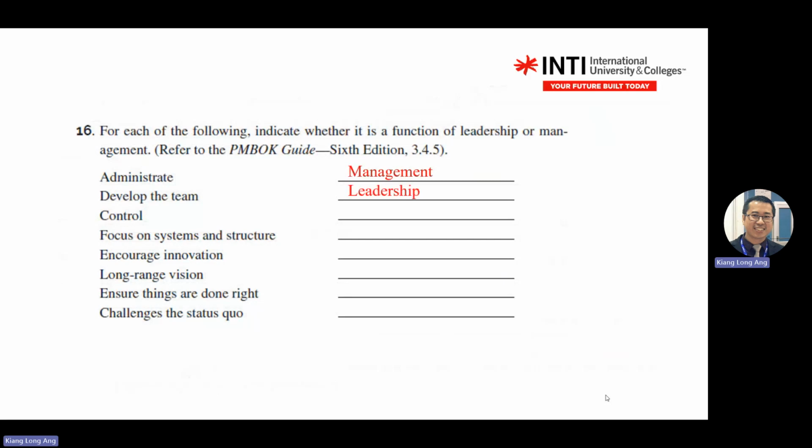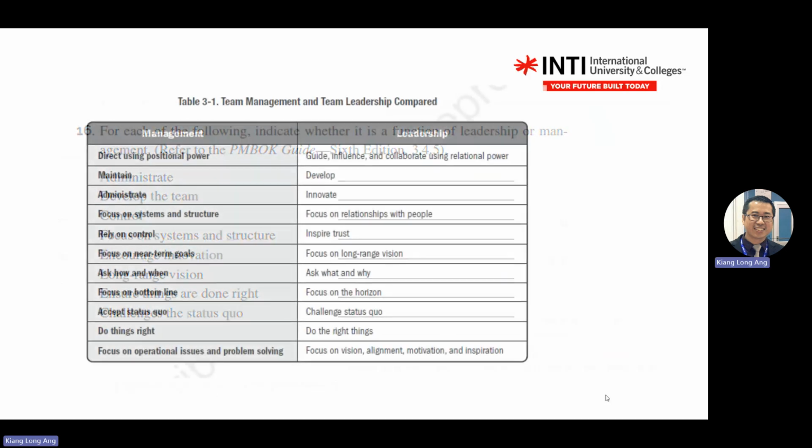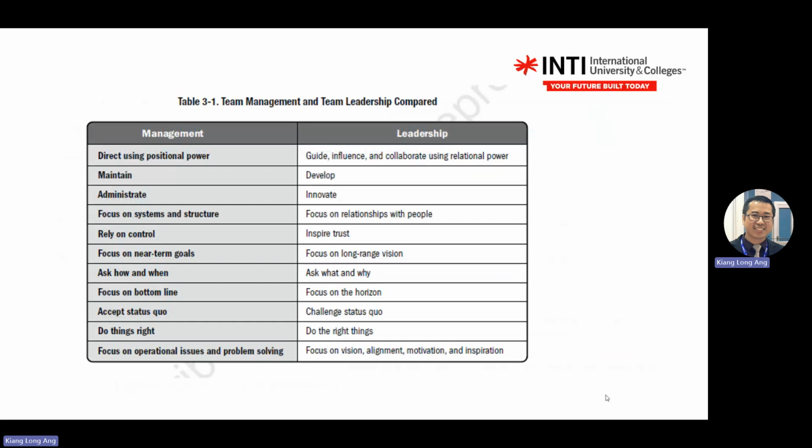Developing a team is leadership. Okay, let me flip back the slide here. So management means you control the thing and do things right. The keyword here is do things right, means there is an exact way of doing it, but leadership is do the right thing.